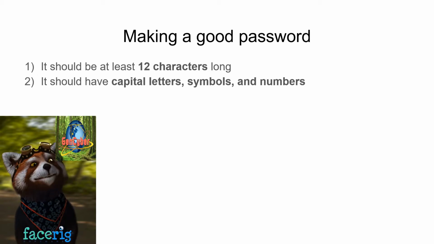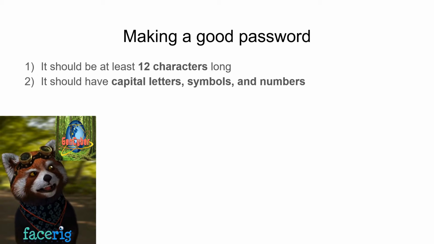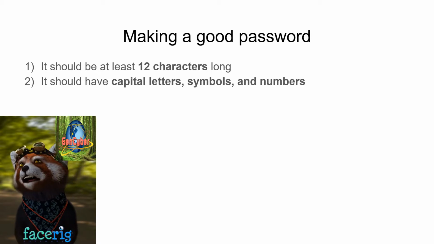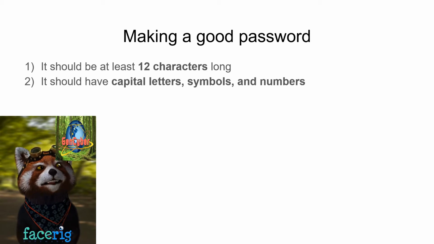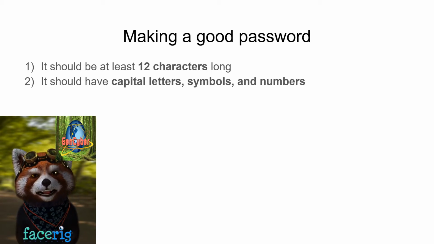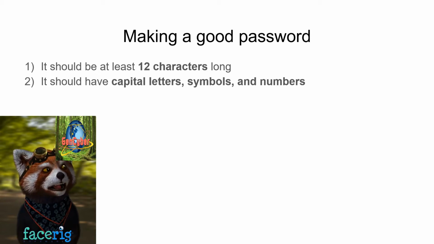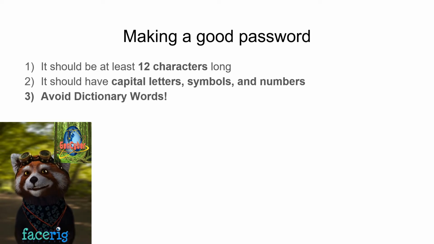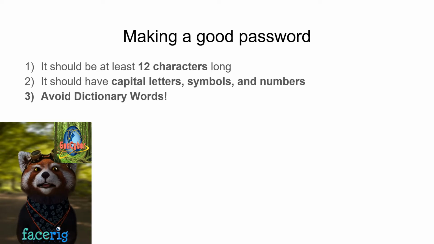Number 2, it should have capital letters and symbols and numbers. The more you mix it up will keep people from just trying to guess, and the state-of-the-art password guessing techniques will also have trouble with this amount of information. Number 3, you should avoid dictionary words.